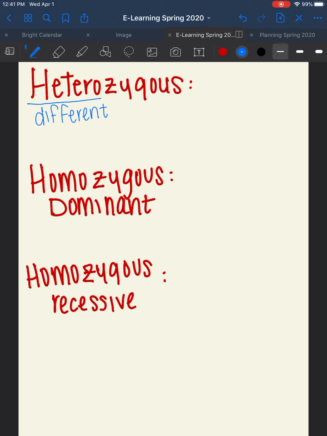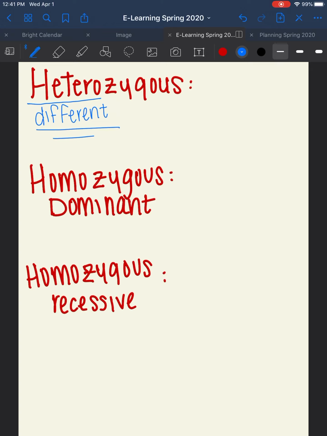So something that is heterozygous is going to have a genotype that has different size letters. The individual alleles, the individual letters, are going to be different sizes.